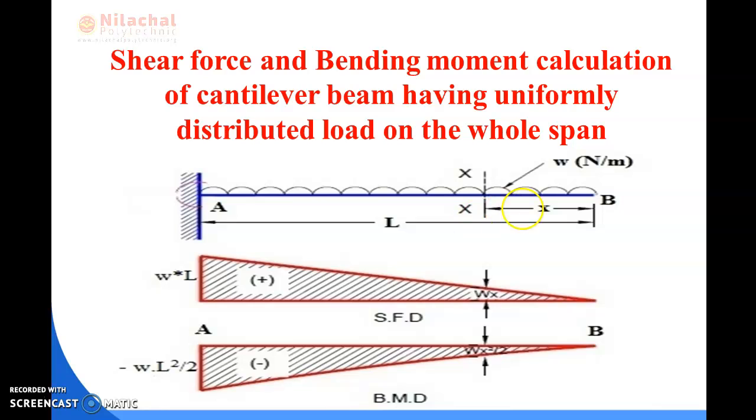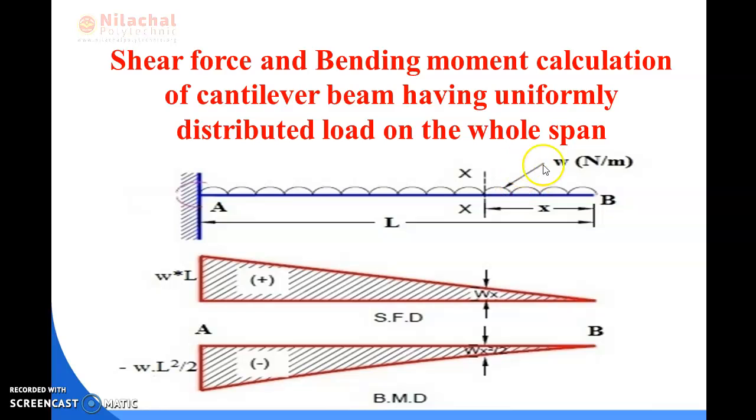Again the case 2, that is when length equal to L. That means we have to consider from the free end of the beam to the fixed end of the beam, or you can say we have to calculate the total span of the beam. So now the section should be here, at the fixed end of the cantilever. Then we calculate this portion of the beam.